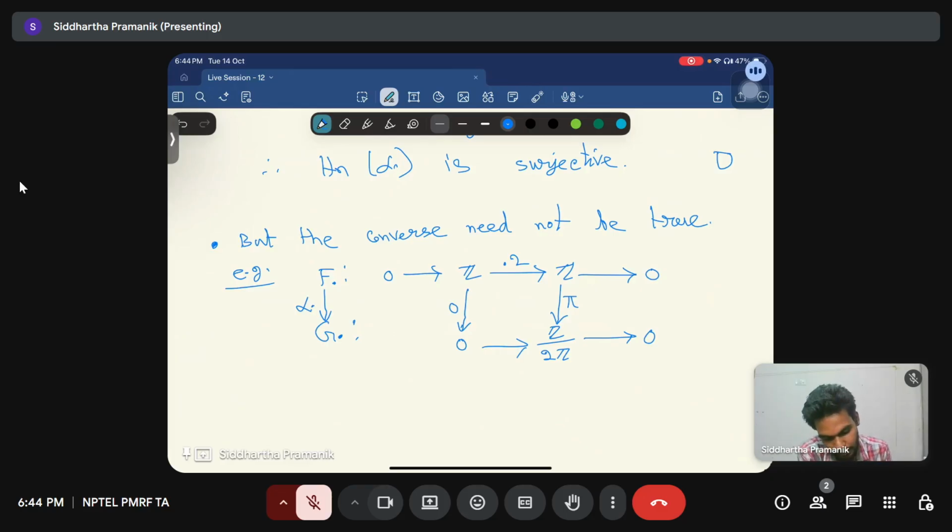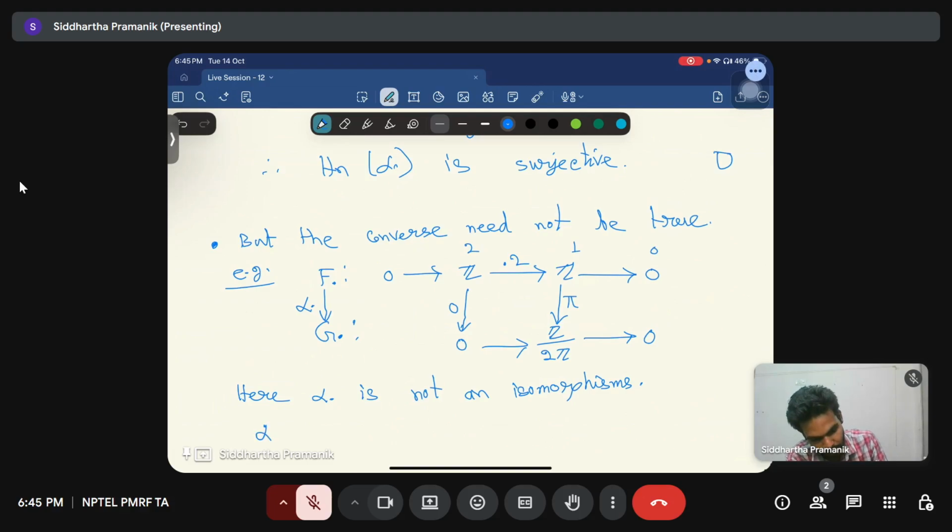So clearly alpha dot is not an isomorphism, because let's take it, this is the 0th position, the first position, the second position.